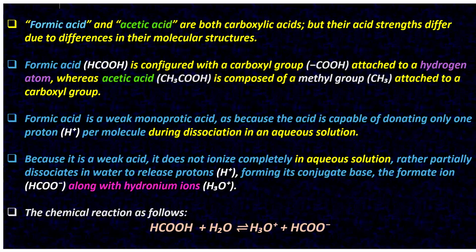Formic acid is configured with a carboxyl group, that is COOH, attached to a hydrogen atom, whereas acetic acid CH3COOH is composed of a methyl group, that is CH3, attached to a carboxyl group.